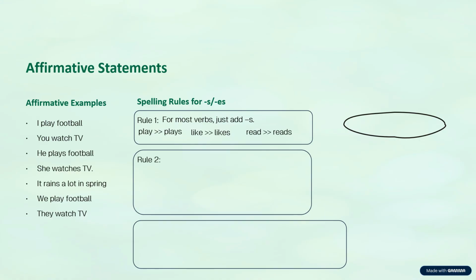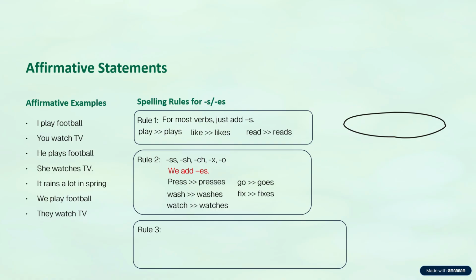For verbs ending in ss, sh, ch, x, or o, we add es. Examples: press becomes presses, wash becomes washes, watch becomes watches, go becomes goes, and fix becomes fixes.